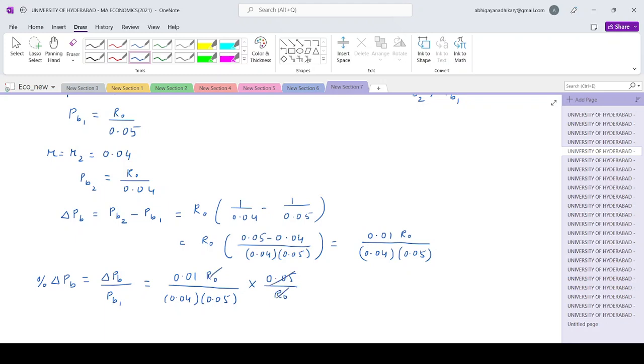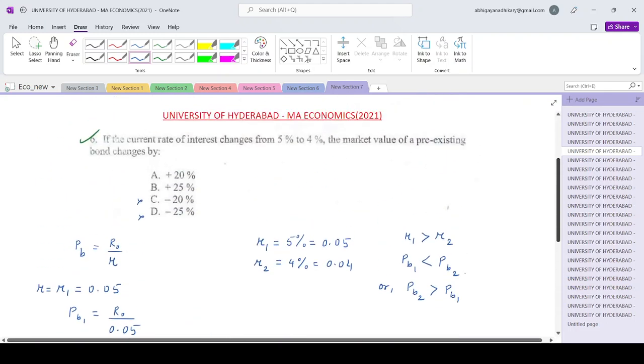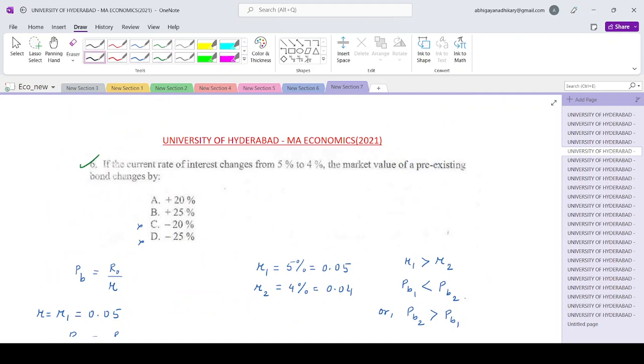So these two will get cancelled. So that makes it 0.01 by 0.04, which is 1 by 4. Take it in terms of percentage and you get your answer to be 25%, which is basically your option number B in the set of choices. So that's the answer to question 6.